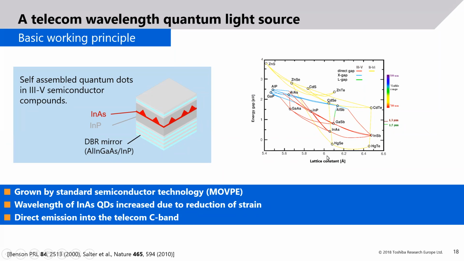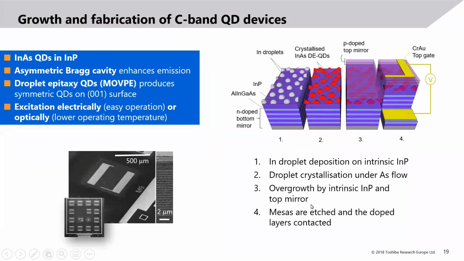And it's basically because the materials we have, so indium arsenide here and indium phosphide, are closer in lattice constant than the more standard indium arsenide and gallium arsenide. And that leads to a reduction in strain in these structures, which pushes the emission out to the telecom C-band. Here is a graphic of our device and how it is grown.